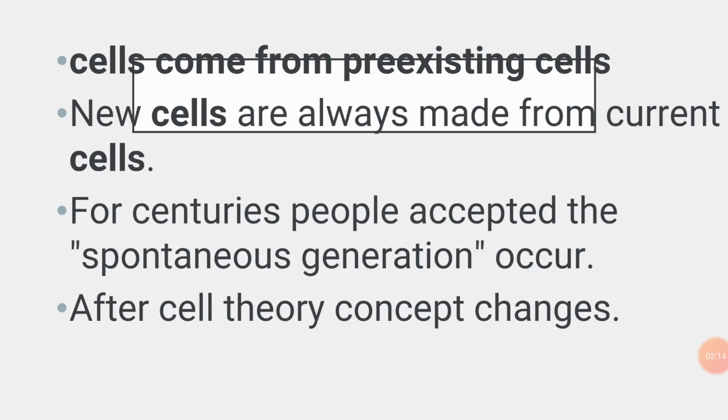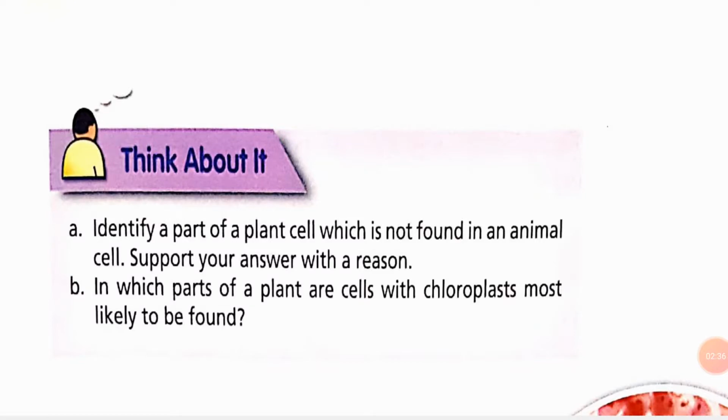Before this theory people considered that all the cells just appear spontaneously. Means cells are not arising from the pre-existing cells. But after the discovery of cell theory this concept changes.